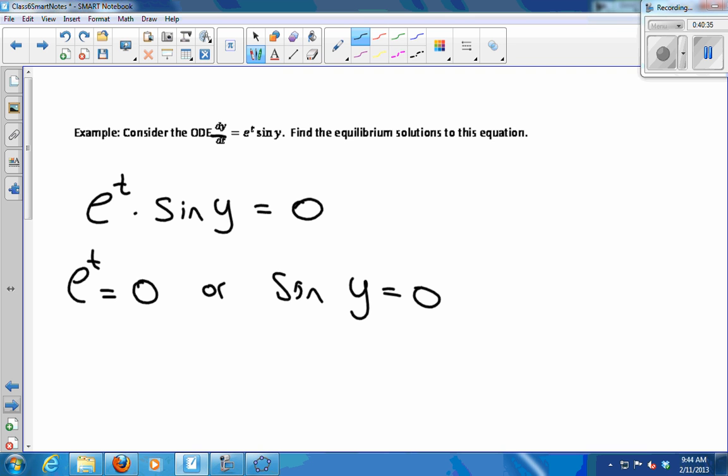When does e to the t equal 0? Never. And when does sine of y equal 0? y equals multiples of pi: 0, pi, 2 pi, 3 pi. So we have the equilibrium solutions y equals n times pi.